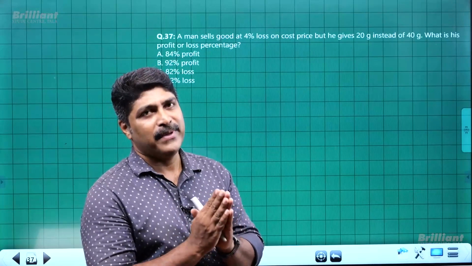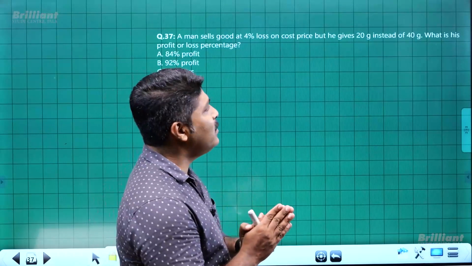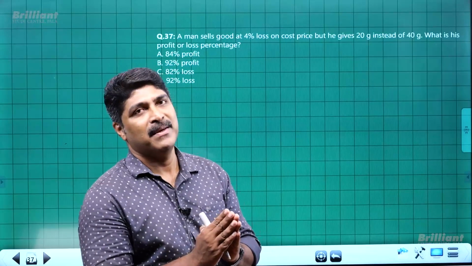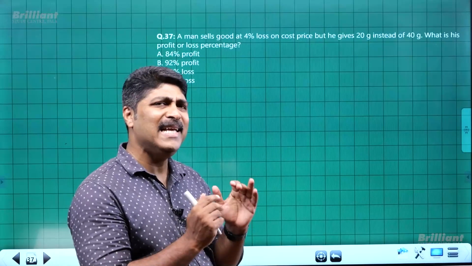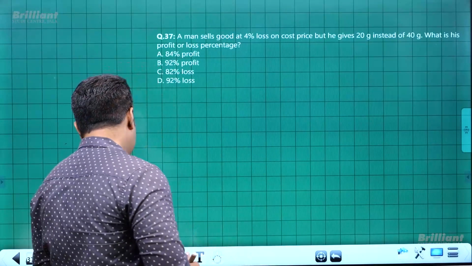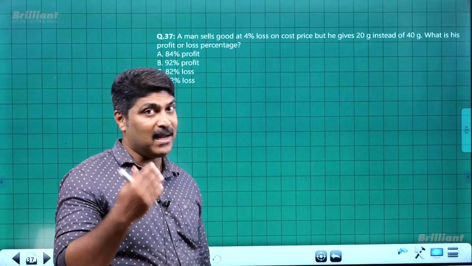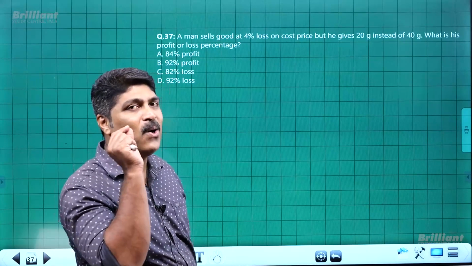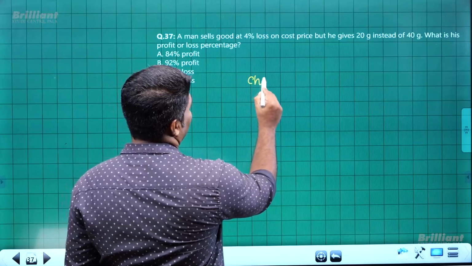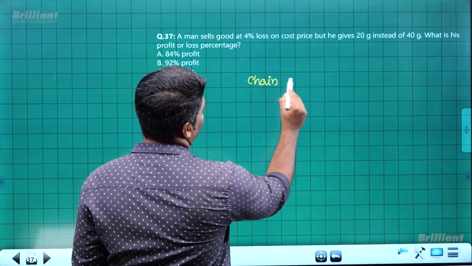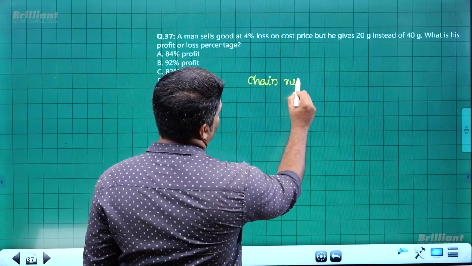Then how to do it? By using the chain rule method, you can find the answer to this type of question easily. But you have to be alert while I explain the concept. You have to understand the core concept clearly. So in such a situation, we apply the most effective chain rule.